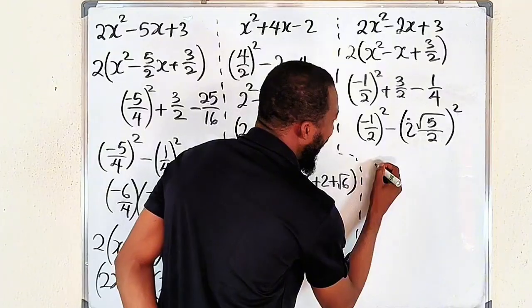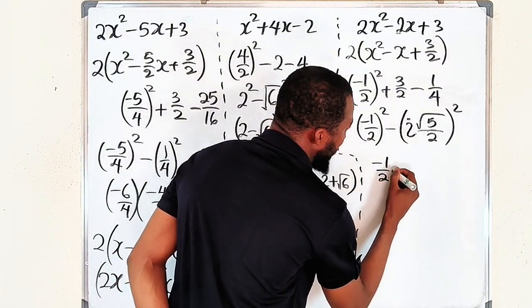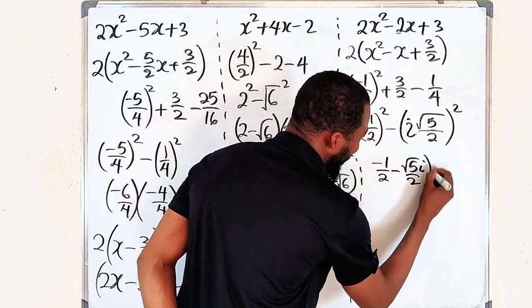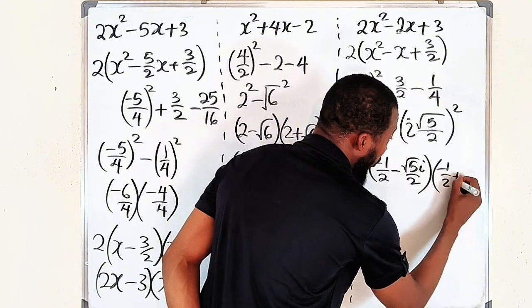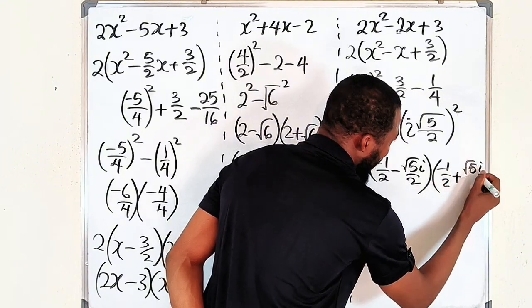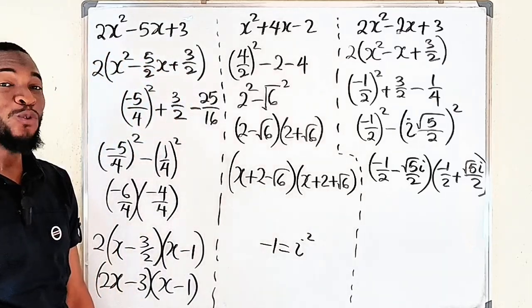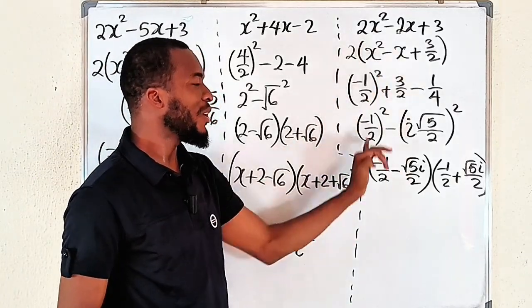Now, what will be this minus this? It will be minus 1 over 2 minus root 5i divided by 2 times minus 1 over 2, then plus root 5i divided by 2. And these are our two numbers. All you have to do is to attach x.